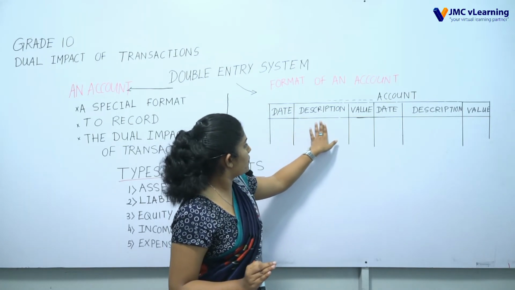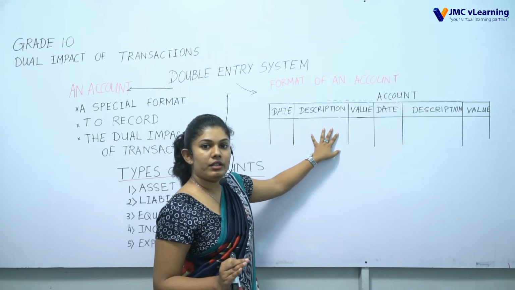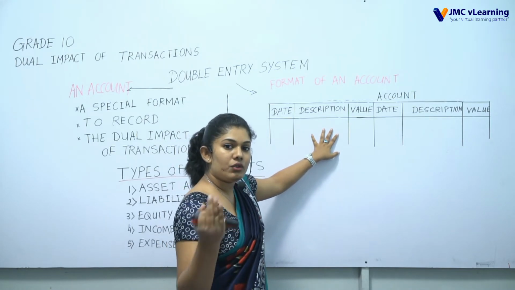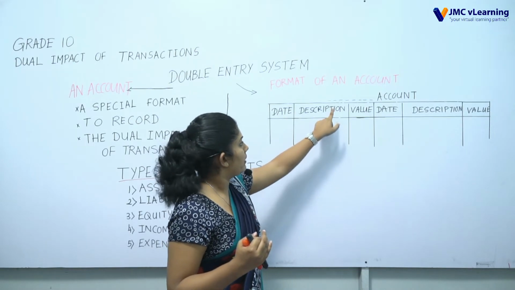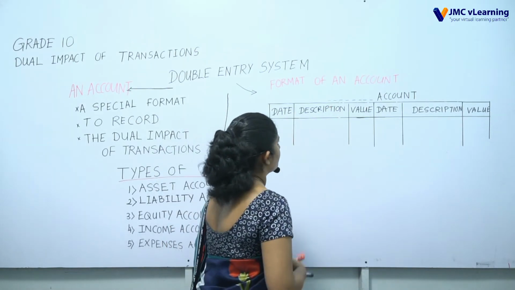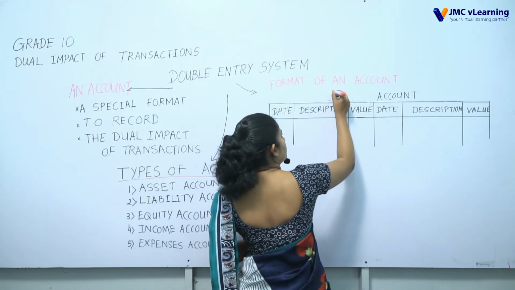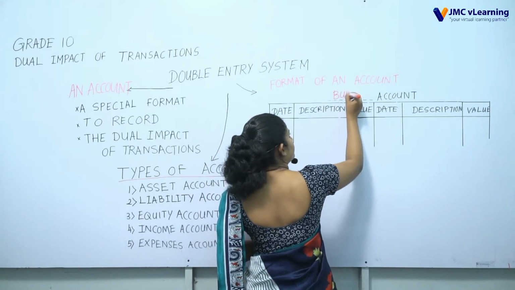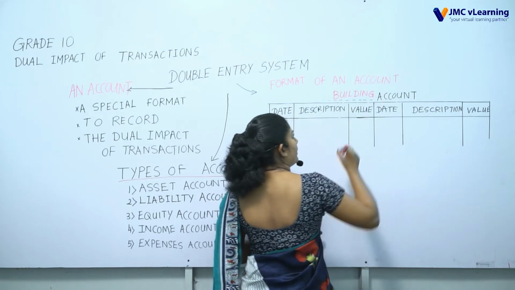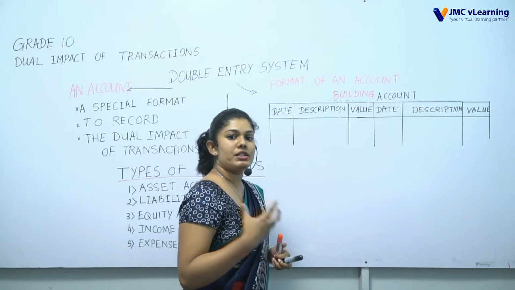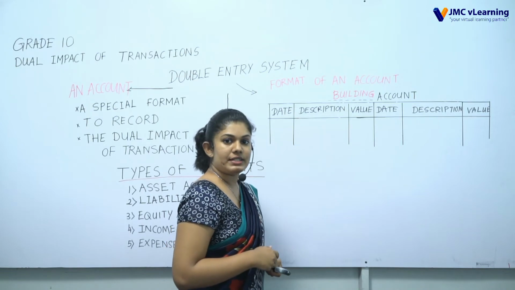In the description column, we record the other entry of this transaction. Let's say this is the building account. We record purchases of buildings here.